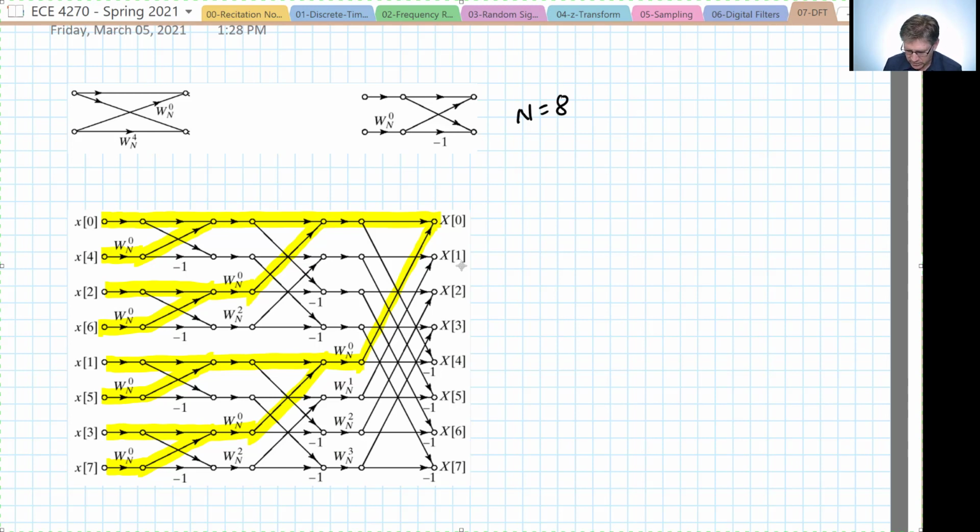Okay, let's try one of these others. x3. What has x3 got to have? Capital X3 is going to be equal to x0, that's a 1, plus x1 of e to the negative j. Actually, let's put it in terms of w's, we have it there anyway.